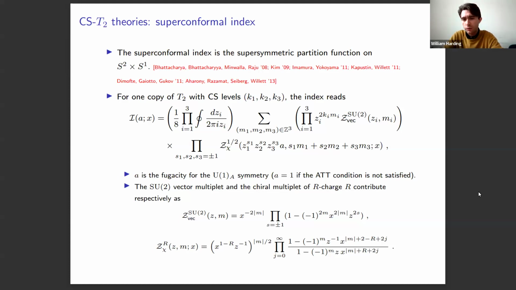Then we will have the contribution of the 3 SU(2) vector multiplets, and then we will have also the contribution of the T2 theory. Now, you can see that there is this fugacity A appearing in the index, and this is the fugacity associated to the U(1)A symmetry. And clearly, if the ATT condition is not satisfied, we have to set A to 1, because this is no more a symmetry of the theory.